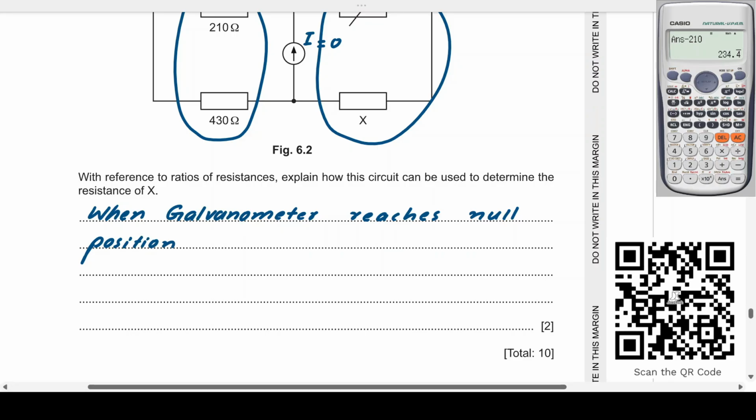The ratio of the resistances on the left side will be equal to the ratio of the two resistors on the right side.